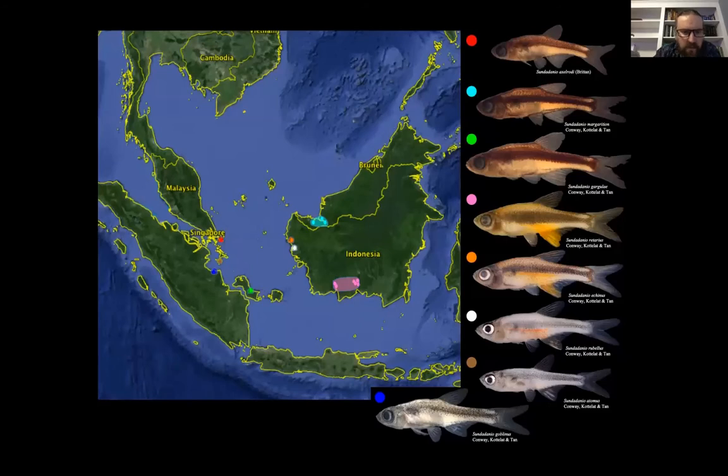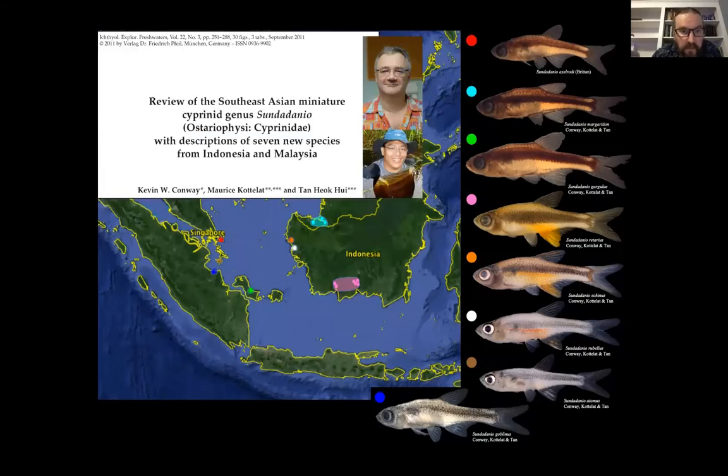So when we started working on Sundadanio, it was recognized as a single species, Sundadanio axelrodi, and we split it up into 8 different species, and 7 of these species were new species. And this study was published in 2011 with Maurice Kottelat and Tan Heok Hui. And we really had fun with this project, and especially when it came to naming the different species.